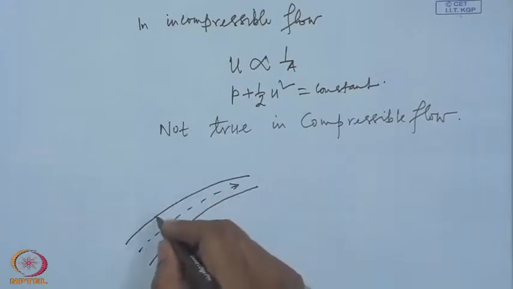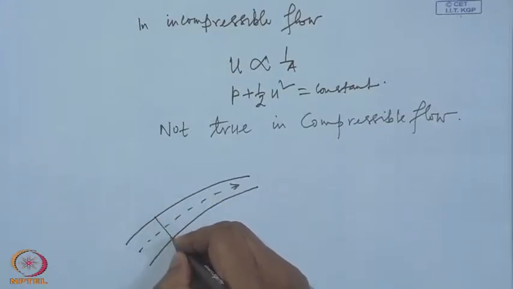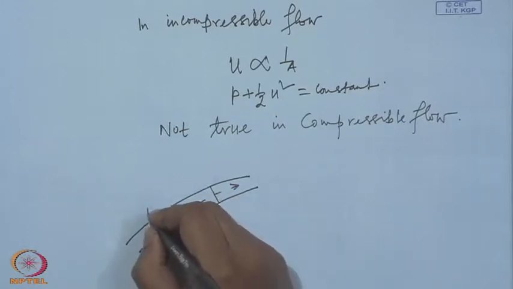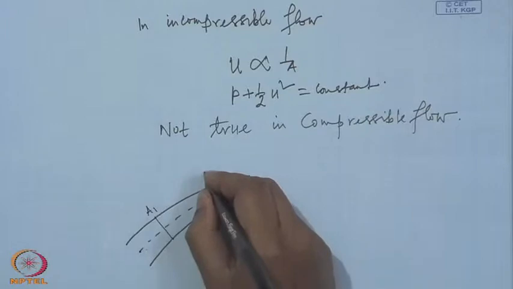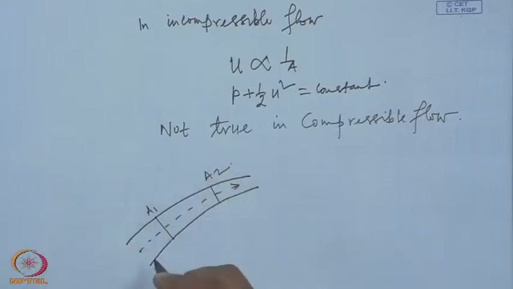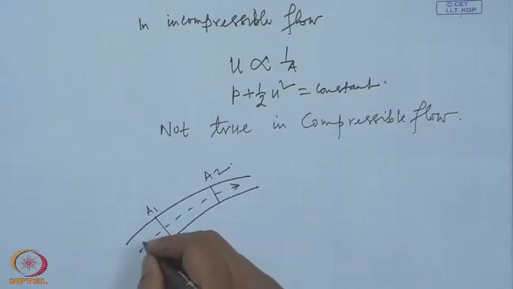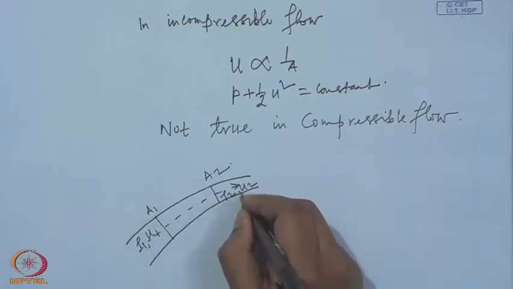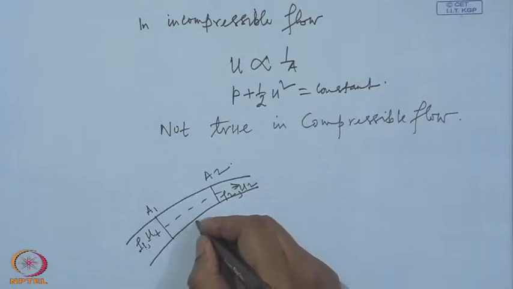Let us consider two sections where the cross sectional areas are A 1 and A 2, and the flow properties, that is density and velocity, are given as rho 1, u 1 and rho 2, u 2. Let this length be delta x.